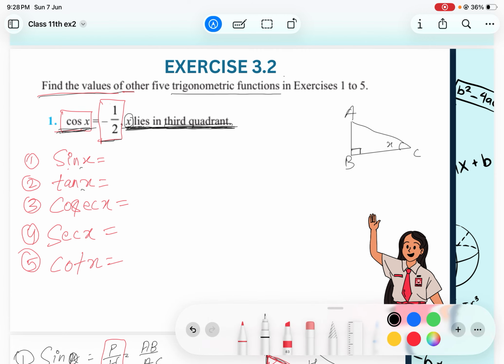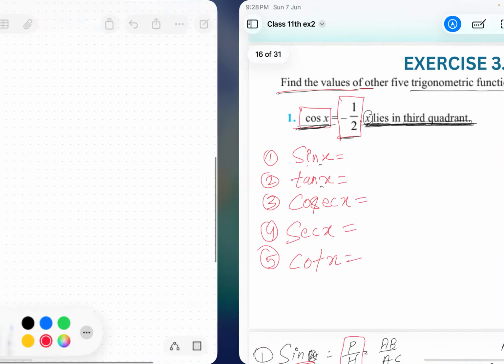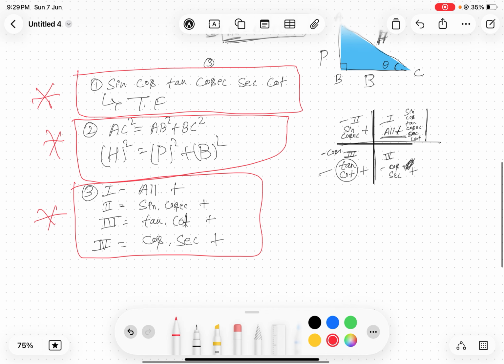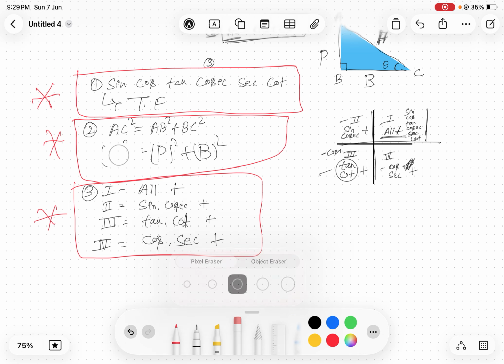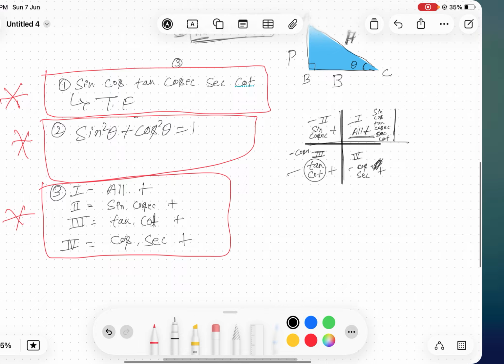We also know that sine square theta plus cos square theta equal to 1. Instead of remembering the other formula, just remember sine square theta plus cos square theta equal to 1.